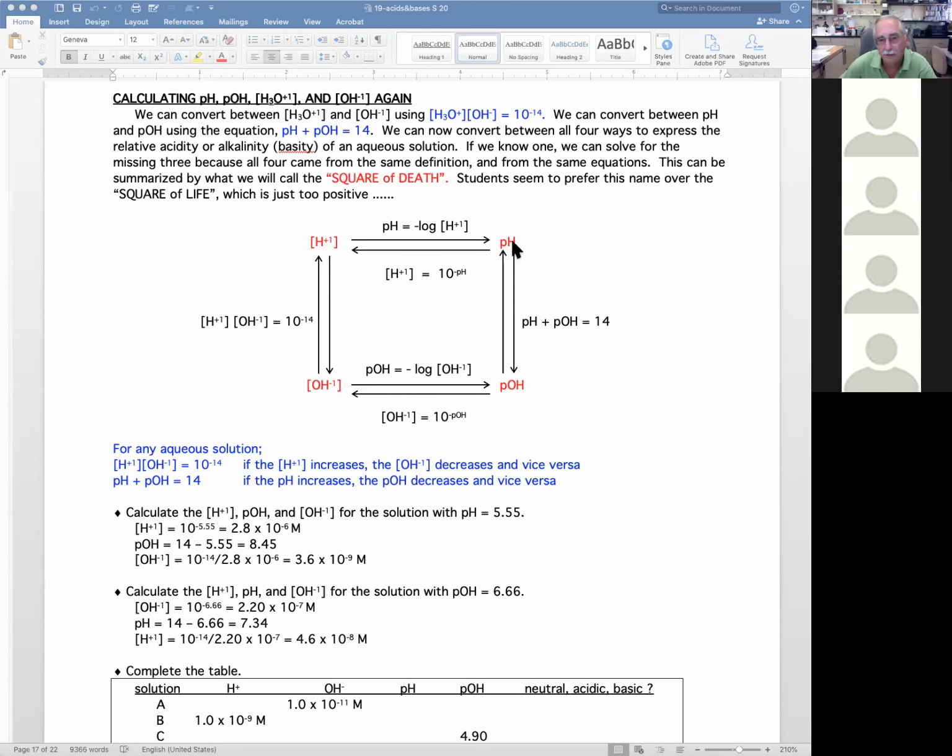If I have pH, I can convert that into POH using our new form of that equation. If I have the POH, I could turn that back into OH using the antilog. If I have the OH, I can turn that back into hydronium ion using simply KW.